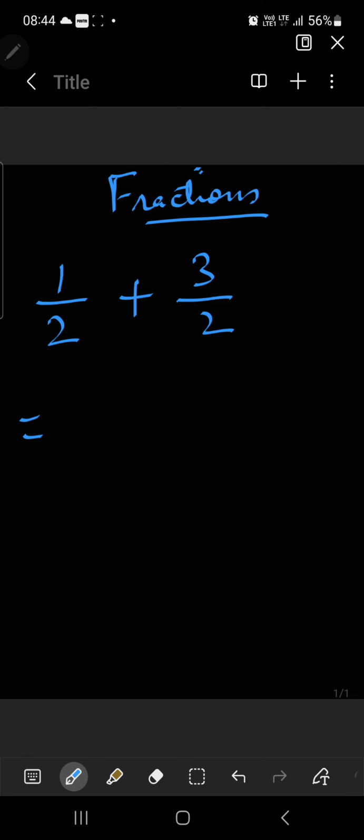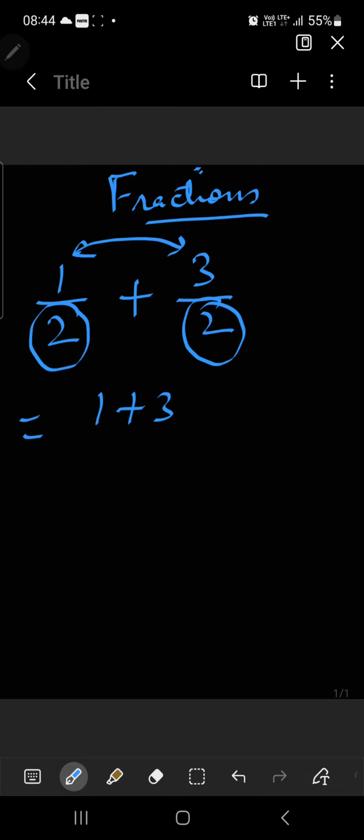So first of all, what we will see is we have to see the denominator part of both the fractions. If the values of those denominators are the same, like here in the question you have 2 in both the fractions, then you just simply add the numerator part. If we add 1 plus 3, denominator will remain the same, which is 2.